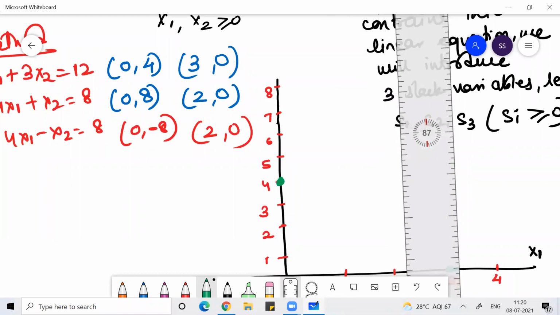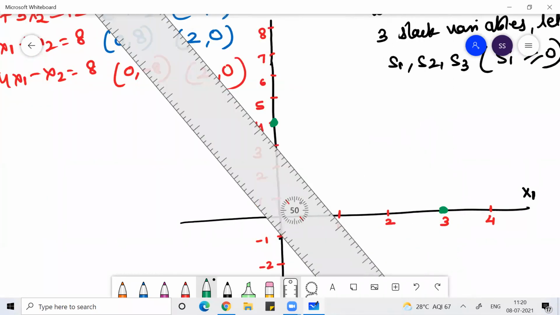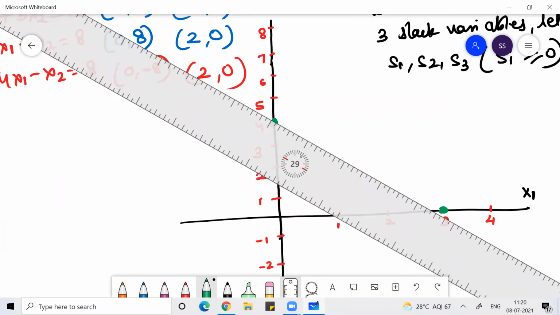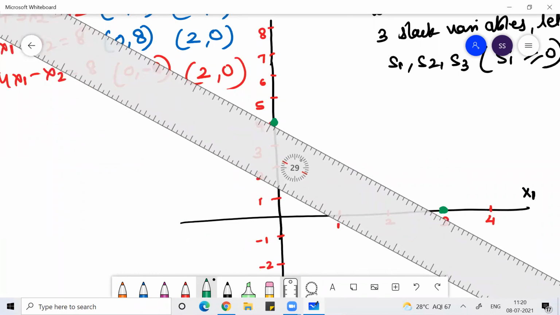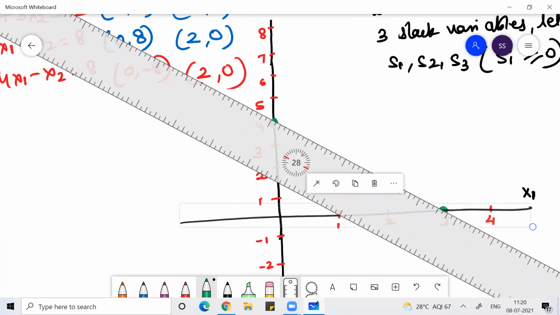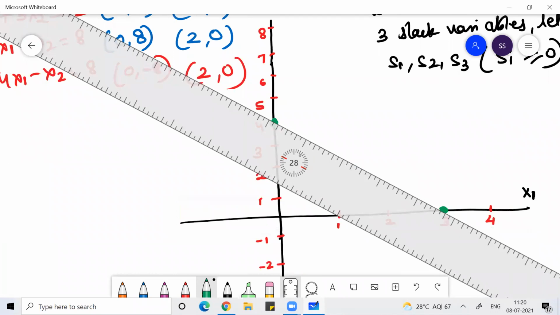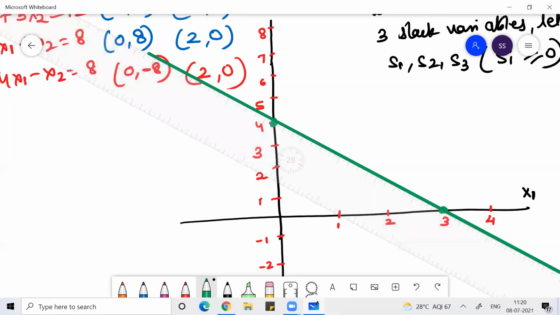On this, draw a line. Once you draw this line, you get this line, right?